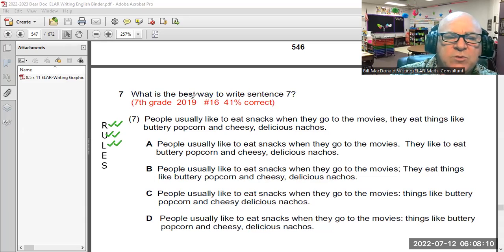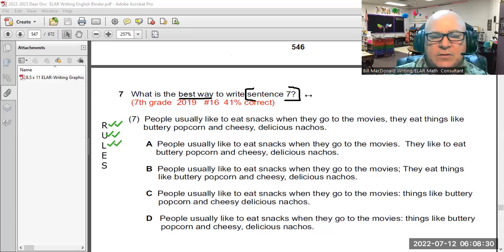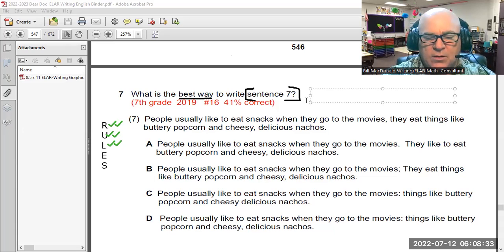What is the best way to write sentence blank? So because it says best or correct, and it says a sentence, then the type of mistake that we're looking for is, put a bracket, it's either a run-on, a fragment, and sometimes there's no mistake.